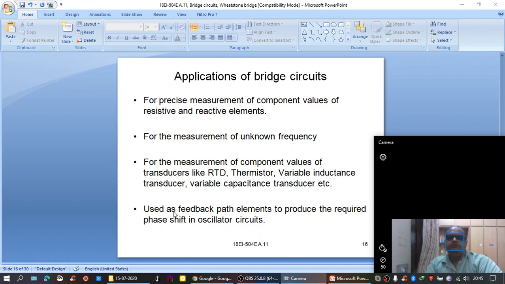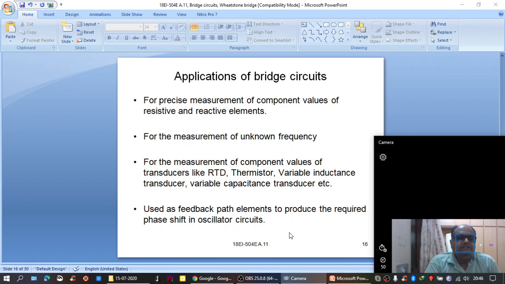And the fourth one is in oscillator circuits. Bridge circuits are used as feedback path elements to produce the required phase shift in oscillator circuits. So in oscillator circuits, generally for producing sustained oscillations, Barkhausen criteria has to be satisfied.